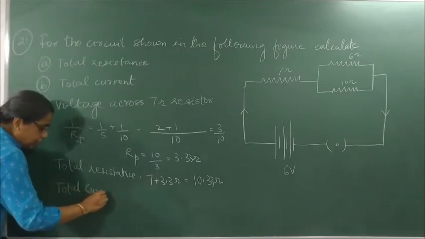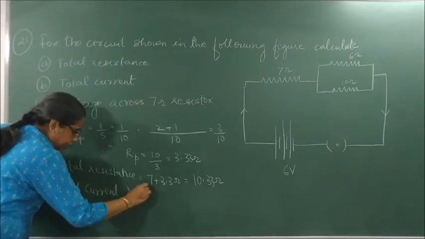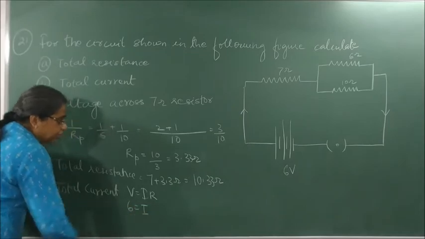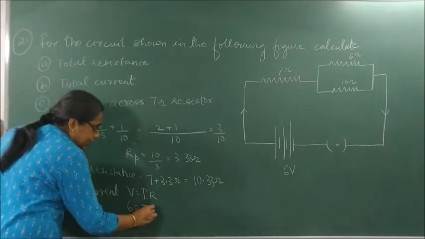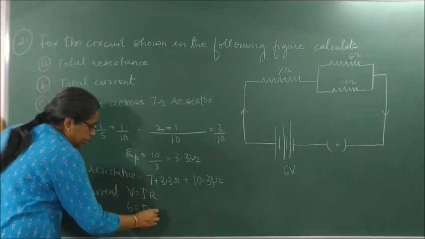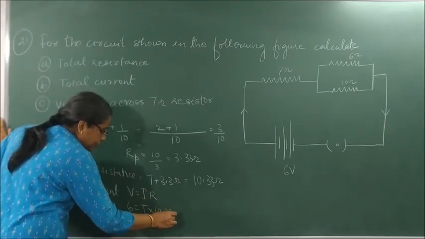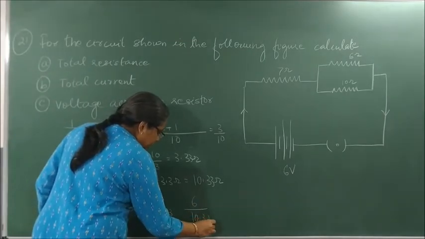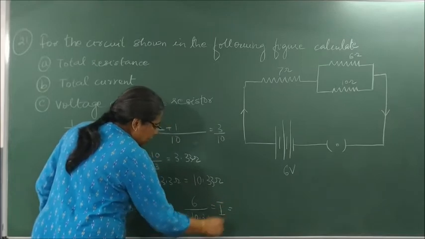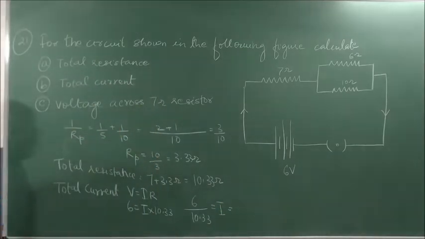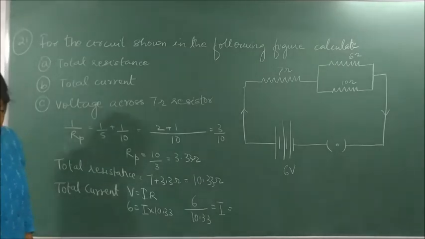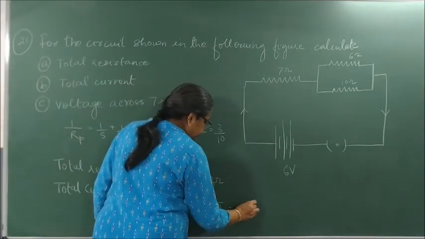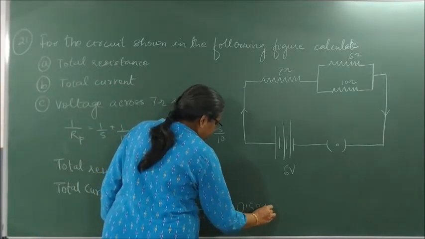Which formula do I use? V is equal to IR. V is given as how many volts? 6 volts. I have to find out I. R, I can take it as 10.33. So 6 by 10.33 is equal to I. So you divide 6 by 10.33, you will get your answer as somewhere around 0.58 ampere.